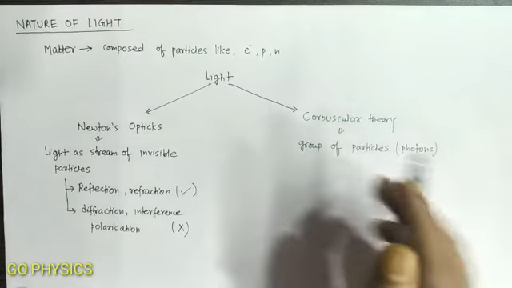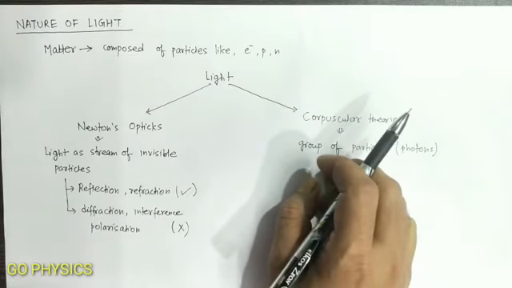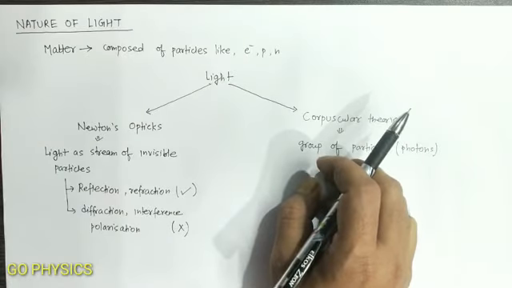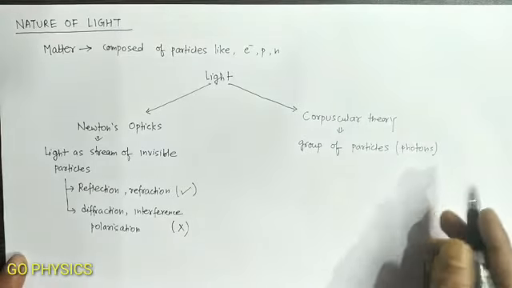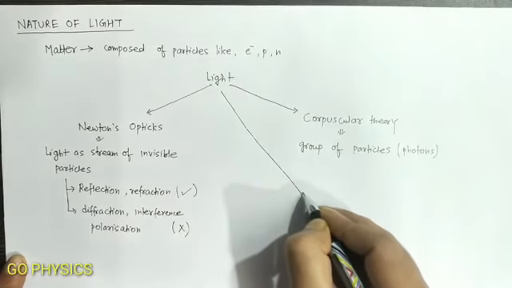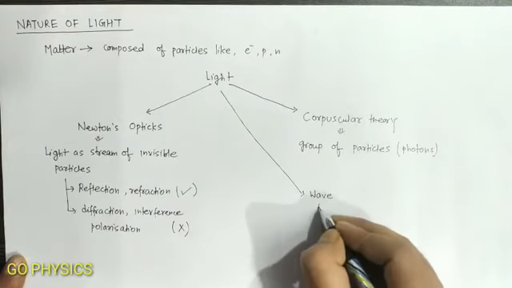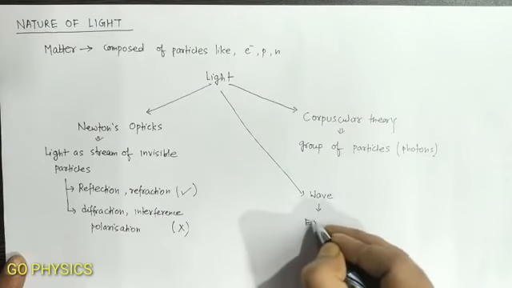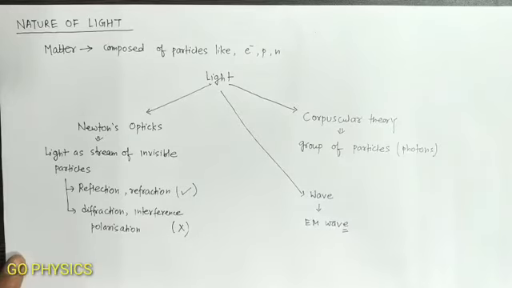So scientists were assuming light as particles before having the knowledge of any kind of electromagnetic wave. Later wave theory came into play. And now we know that light is actually an electromagnetic wave, and an electromagnetic wave has dual nature.